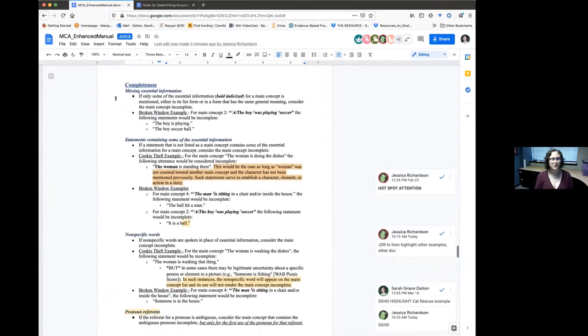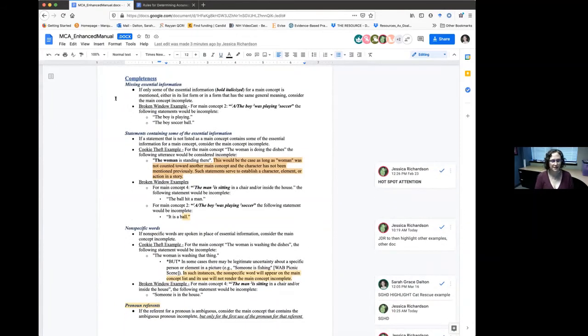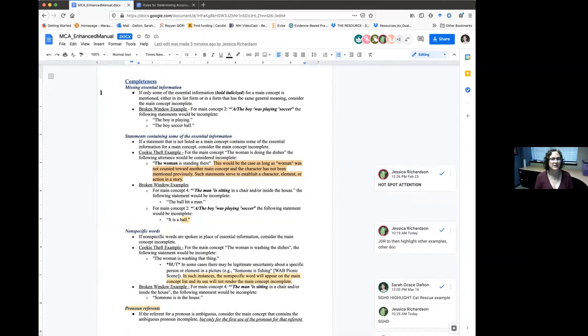So those were the rules for scoring accuracy that are provided by Nicholas and Brookshire. Now we're going to look over the rules that are used to help us determine completeness of the main concepts. The first one is kind of the no-brainer, missing essential information. If only some of the essential information for a main concept is mentioned, then it should be considered incomplete.